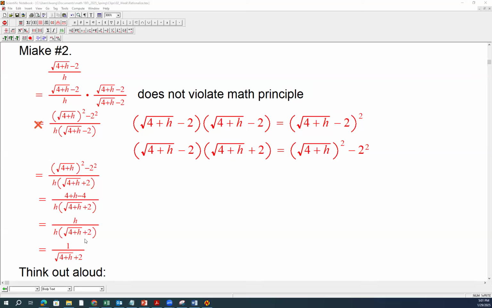So the rest of the steps will not be justified. You're going to lose points for all of the rest because of that one equal sign. However, some teachers might give you a tiny little point for not violating a mathematical principle, but definitely you're not getting to the next step. It's not justified. So this is the second major mistake.